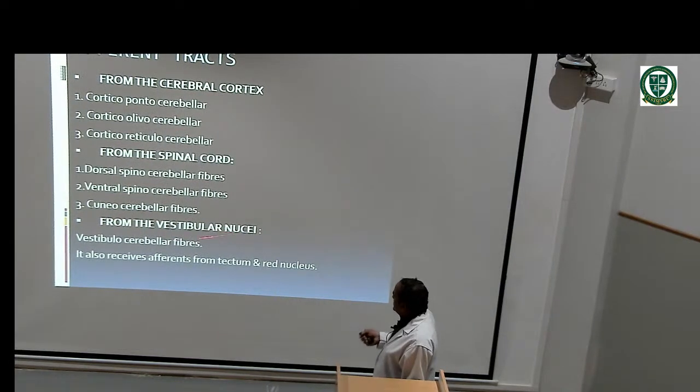From the vestibular nuclei, vestibulocerebellar fibers enter into the cerebellum. It also receives afferents from the tectum and red nucleus of the midbrain. So all these are the afferent fibers and where they originate.